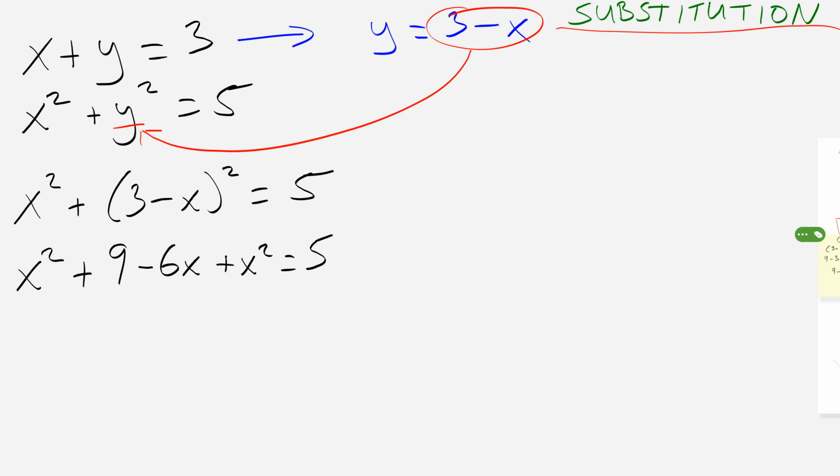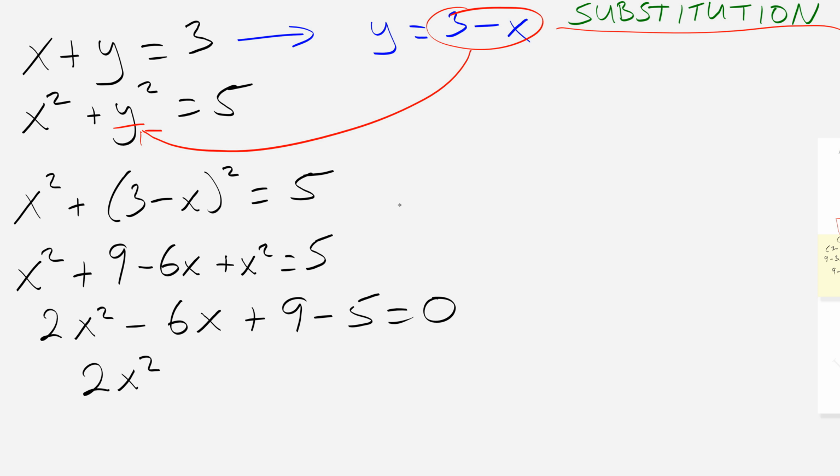So we have our equation and we're getting there. Tidying up a bit further, you've got 2x squared minus 6x plus 9 minus 5 equals 0. In other words, 2x squared minus 6x plus 4 equals 0. This particular quadratic equation can be simplified a little before we try to solve it.